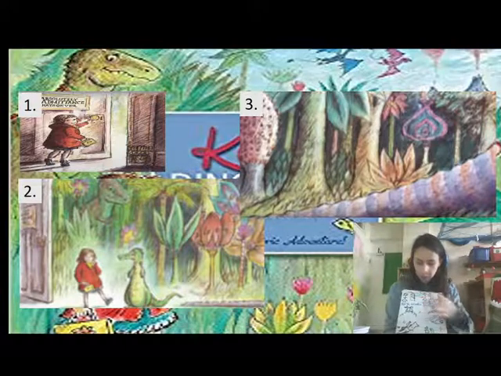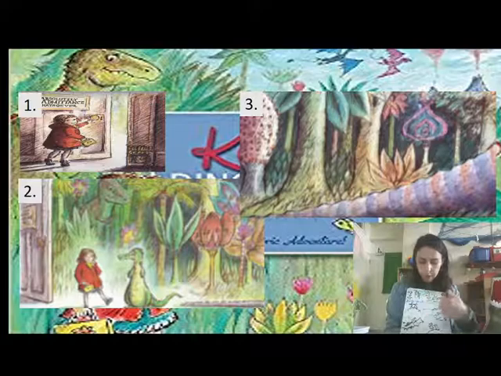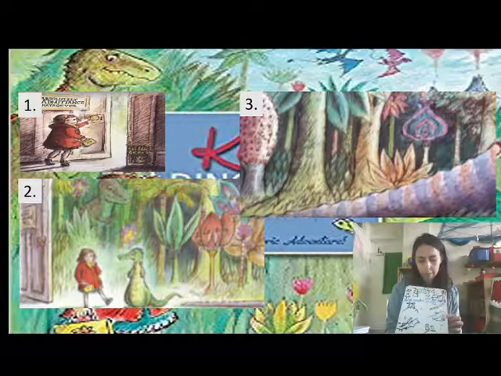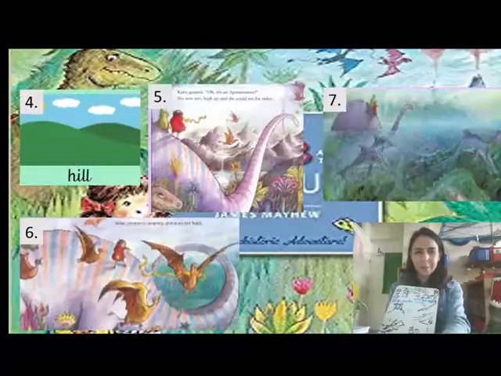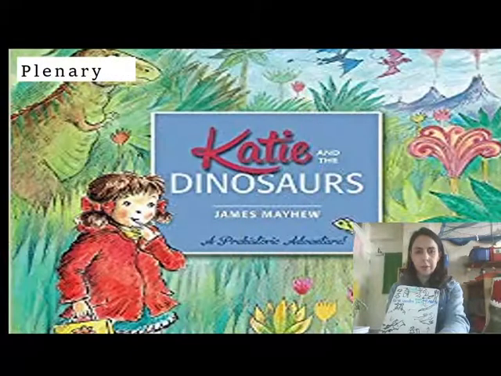Okay, can you describe what they can see when they're on top of the Brontosaurus's back? Can you describe the pterodactyl? Can you describe the sea or the creatures in the sea? So you're just going to add those adjectives to your story map. Okay. So these are the other parts of the story.